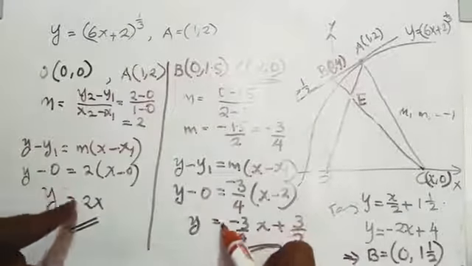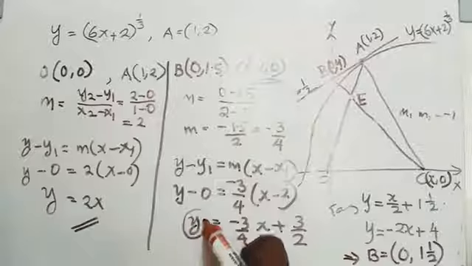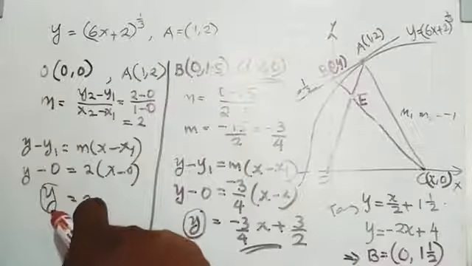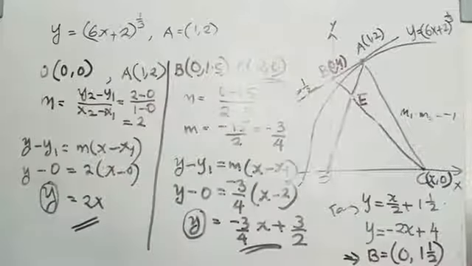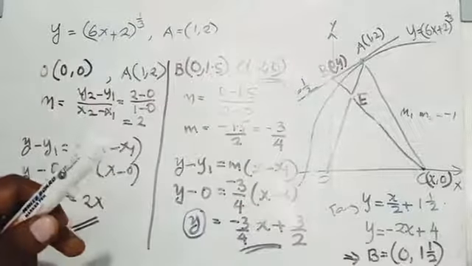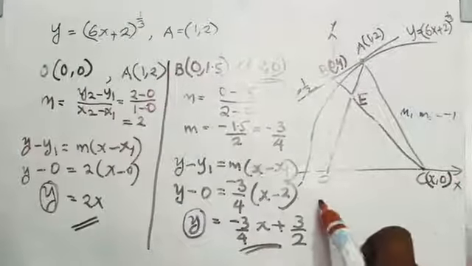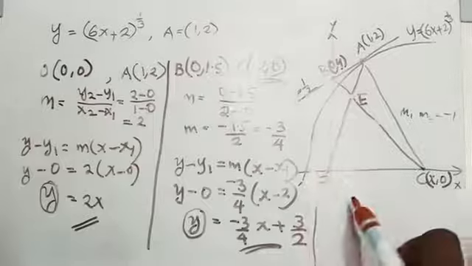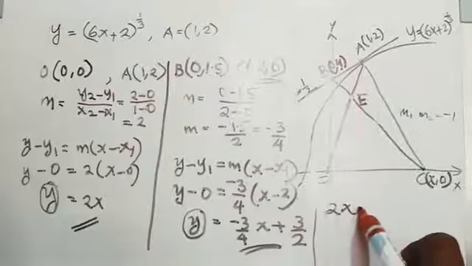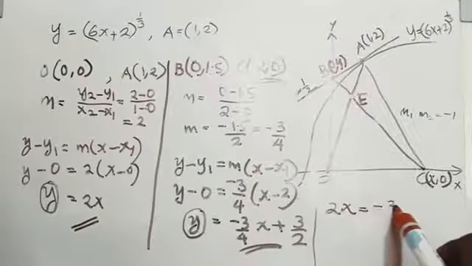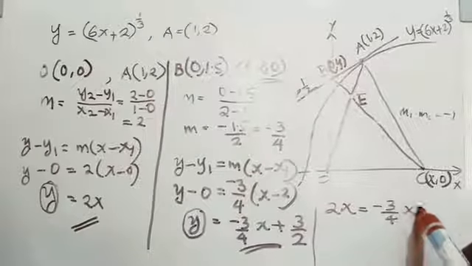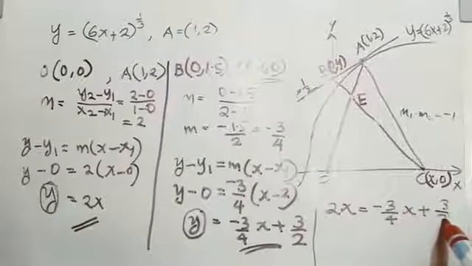When you check both equations, they both have y as a common term. So it can be written as 2x is equal to minus 3 by 4 x plus 3 by 2.